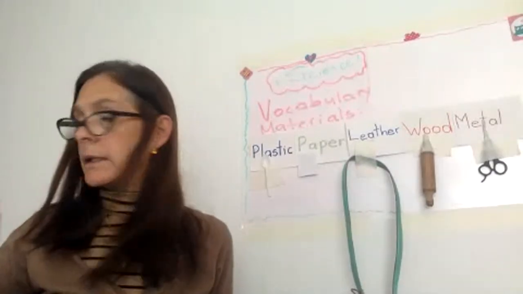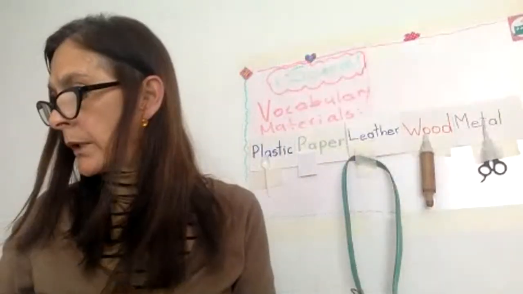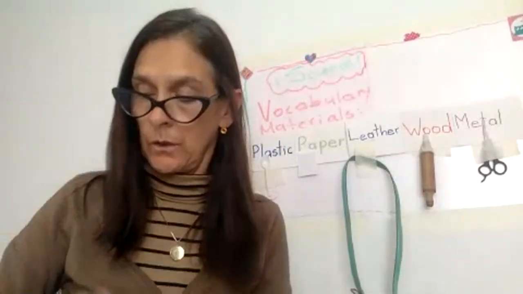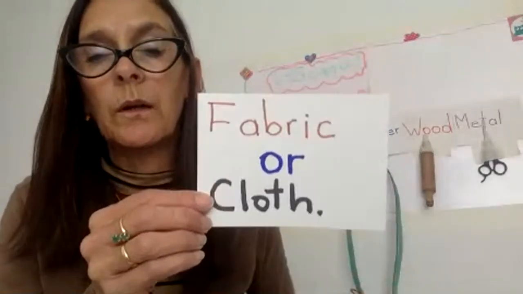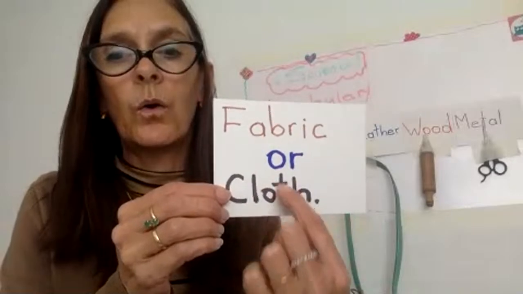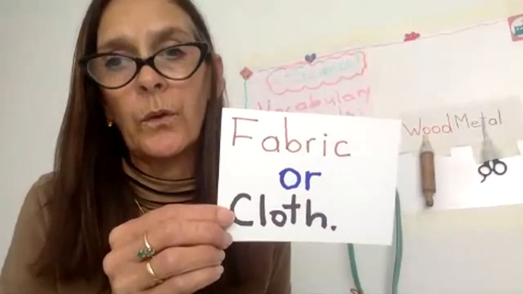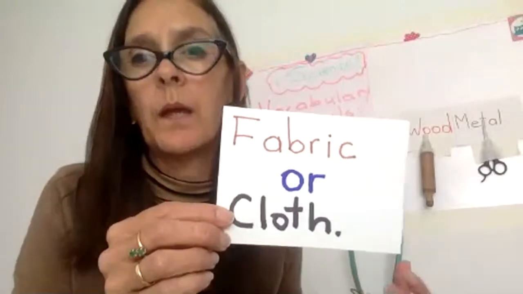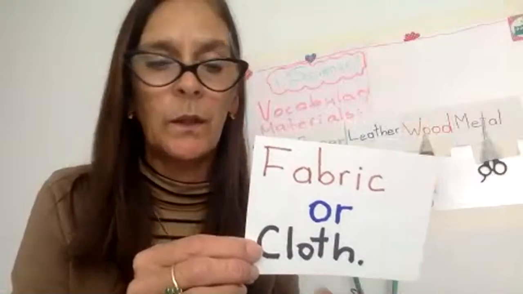So it is the fabric or cloth. Here we have the word fabric or cloth. We can use both names to name something made of fabric or made of cloth.